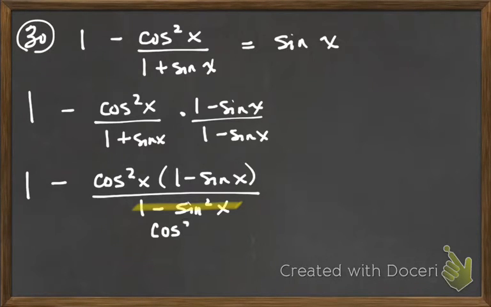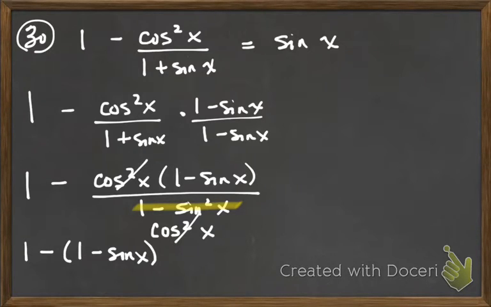Cosine squared x. And that's helpful because the cosine squareds cancel, and you're left with 1 minus parentheses 1 minus sine of x. Then again, you're just using algebra.